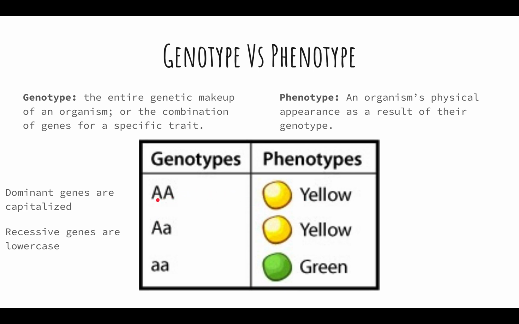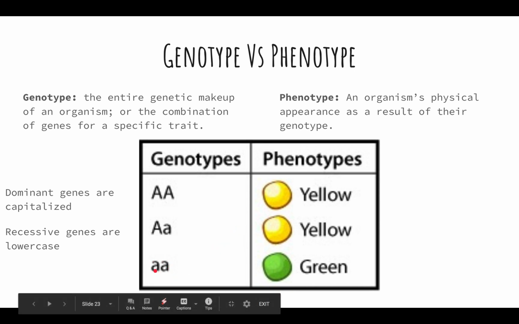This would mean yellow peas because it's dominant. Both of them are dominant, so you know that the pea would be yellow, which is the phenotype. Even if it had the recessive gene for green, it would still be yellow because yellow is dominant. And if the pea plant had both recessive genes, then it would be green.